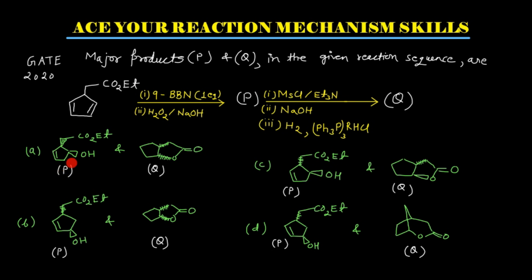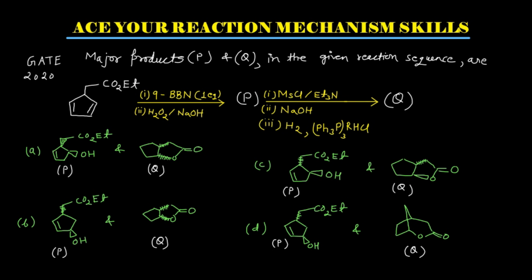If I see the structure of P in option A, and if I go to option B, the same thing is happening here. Here this ester group is below the plane. And in C and D as well, this particular ester group is below the plane, but this is not given in the question itself. So what is the meaning of that?